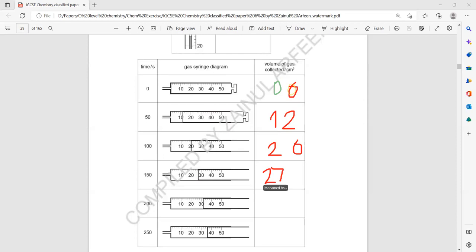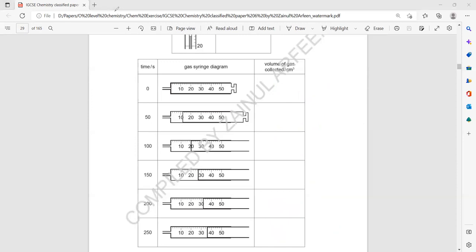Yes, that's right. Then 20, then 27, 32, and 36. So these are the volumes of gas which we recorded.